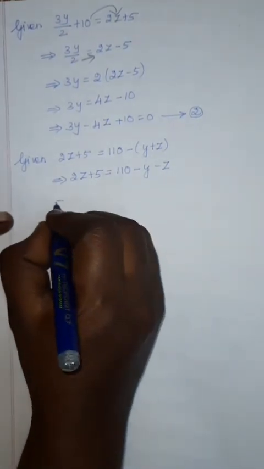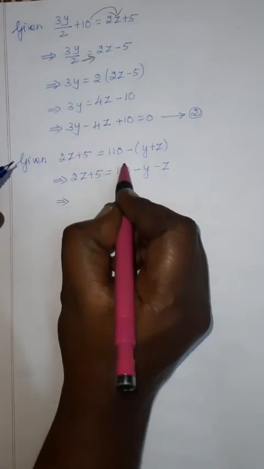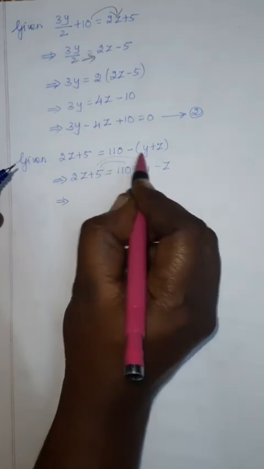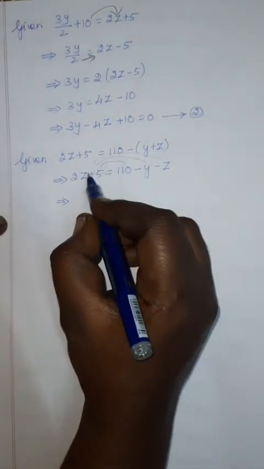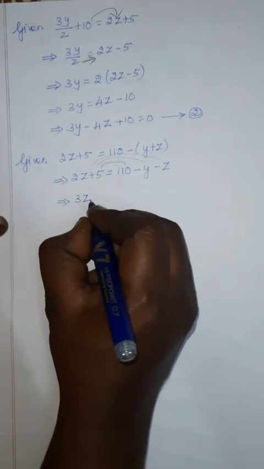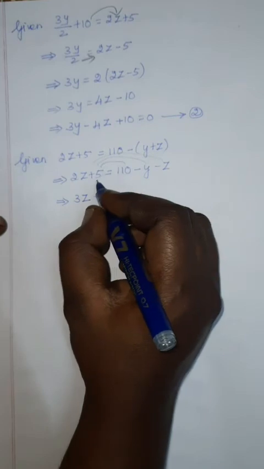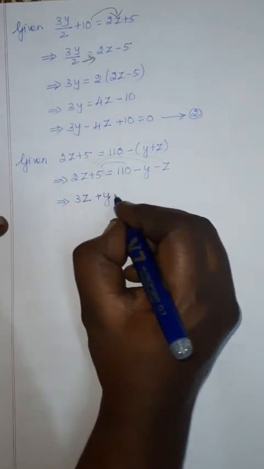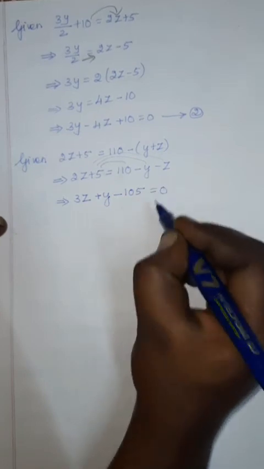Okay, now we can combine all the terms on the same side. So 2z minus z means plus z, that is 3z. Minus y will change to plus y. Then 5 minus 110 is minus 105 equal to 0.